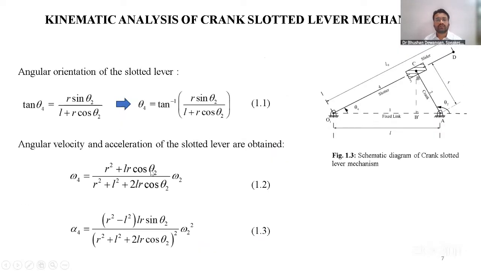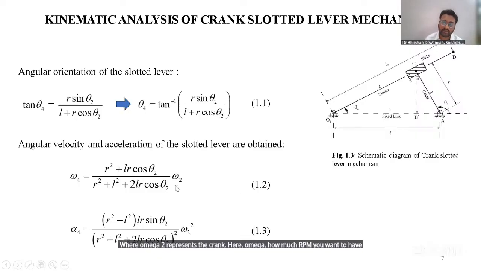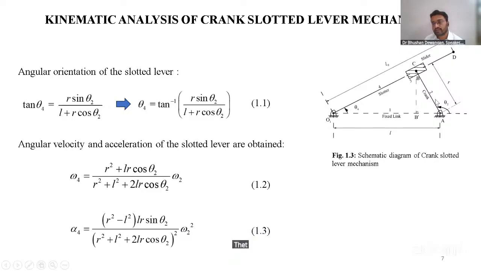And here also our input is omega and theta, where omega 2 represents the crank. Here omega is whatever RPM you want to have, you just implement that, and theta 2 shows that this crank is rotating from 0 to 360 degrees.